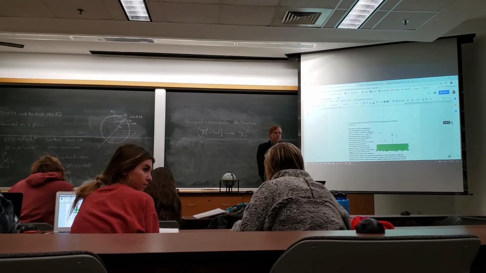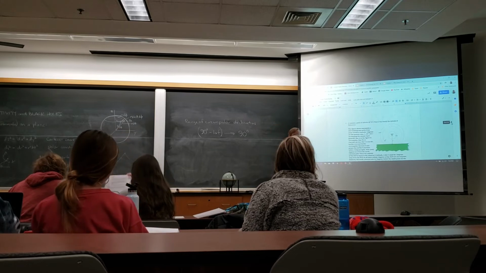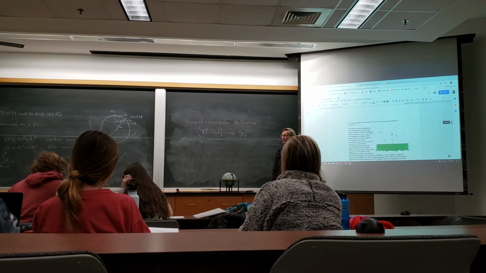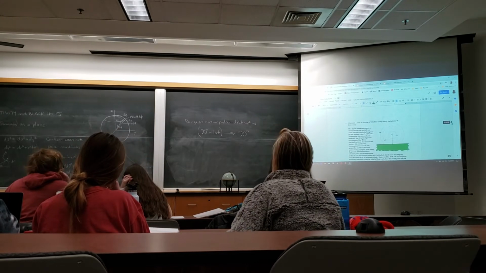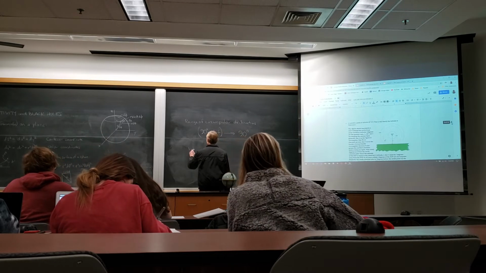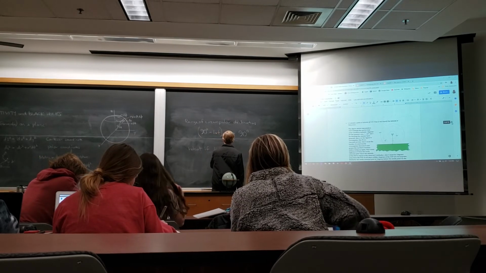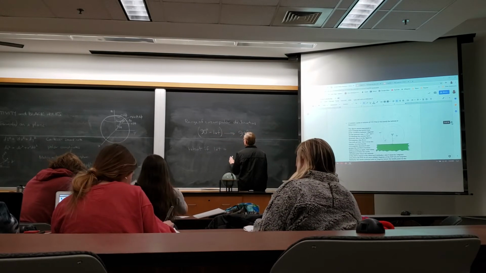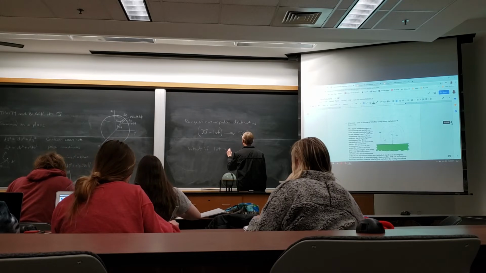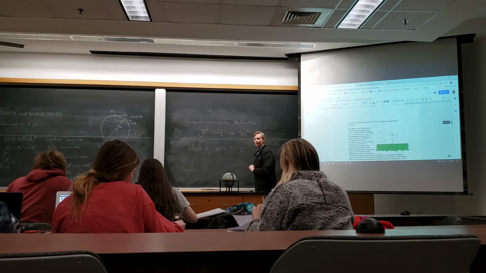Yes? Could you do a south example? Yeah, if it's a south example, all you do is change everything to negatives. So for example, what if we were at latitude 25 degrees south?